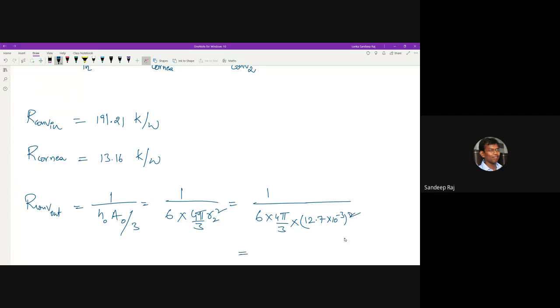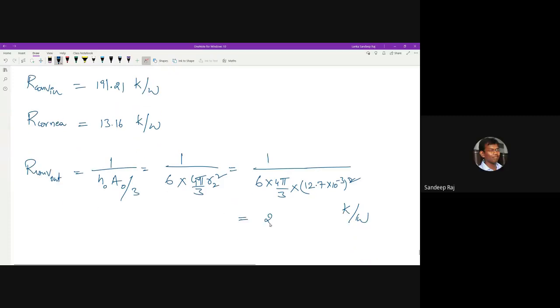Tell me what is this value in Kelvin per watt. 246.69 Kelvin per watt.